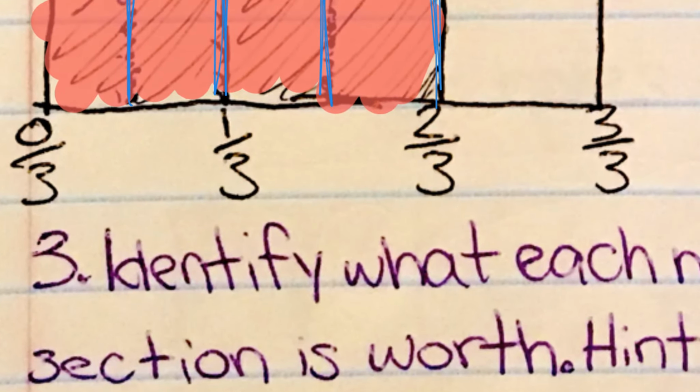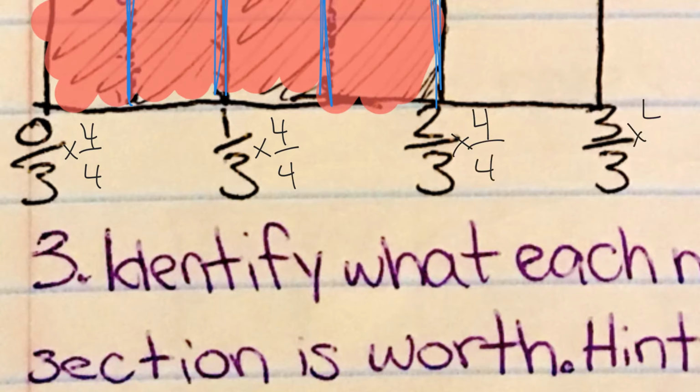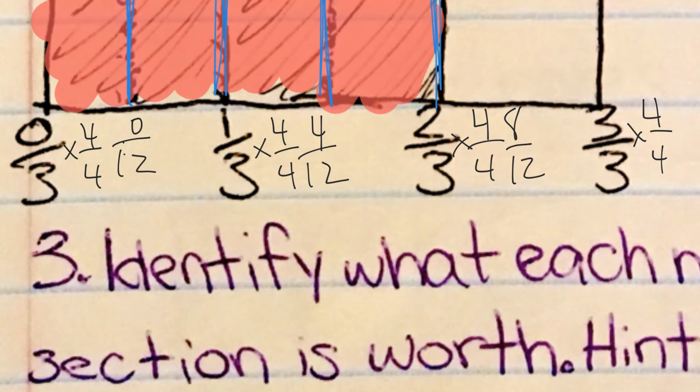So we've got 0/3 times 4 over 4, 1/3 times 4 over 4, 2/3 times 4 over 4, and 3/3 times 4 over 4. Okay, so this one will be 0/12, 4/12, 8/12, and then obviously 12/12.